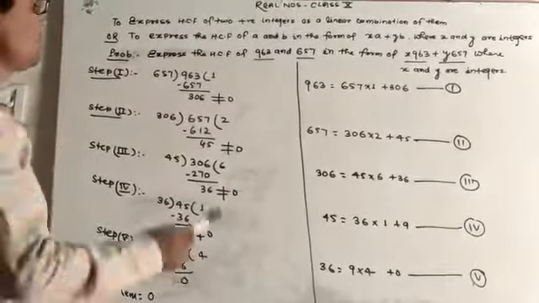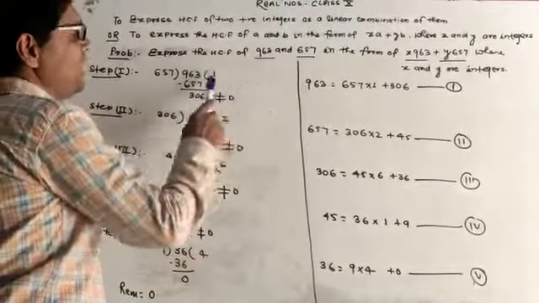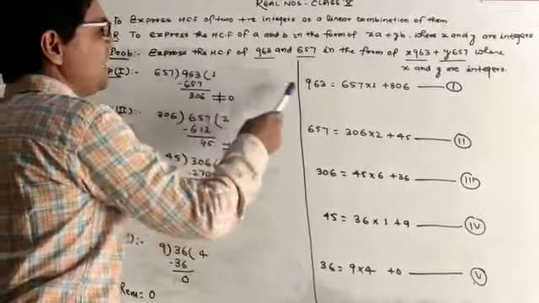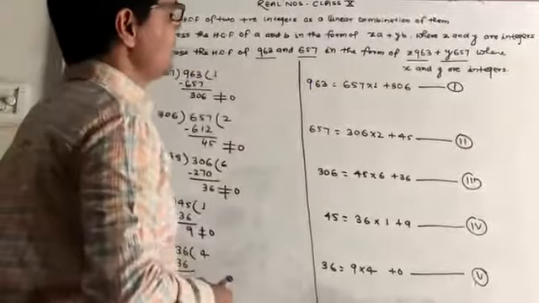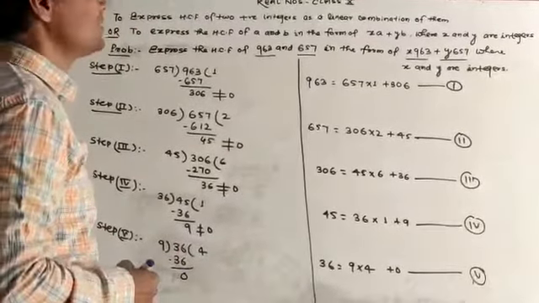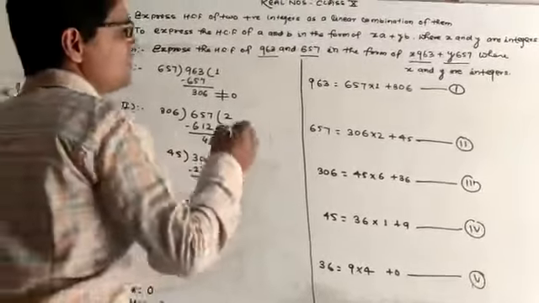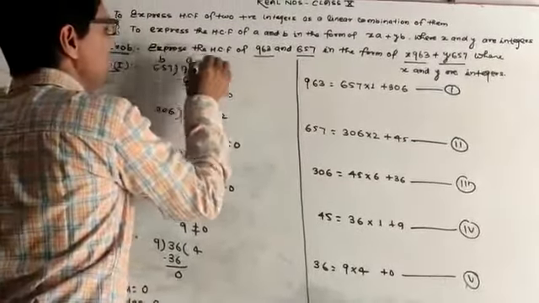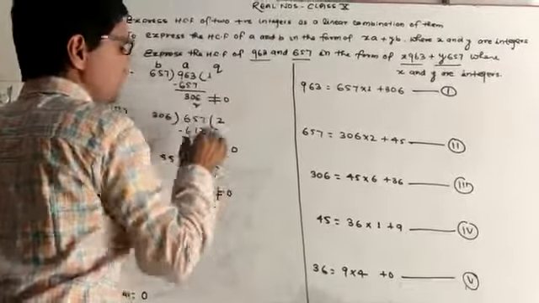When you apply Euclid's division lemma in step 1, you will get 963 is equal to 657 into 1 plus 306. Euclid's division lemma, that means a, b, q, r.